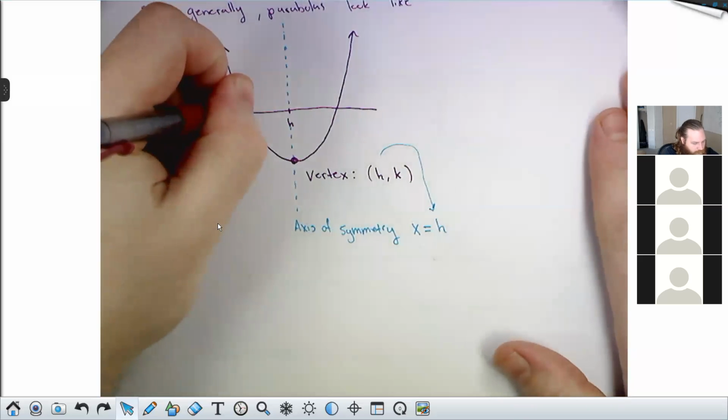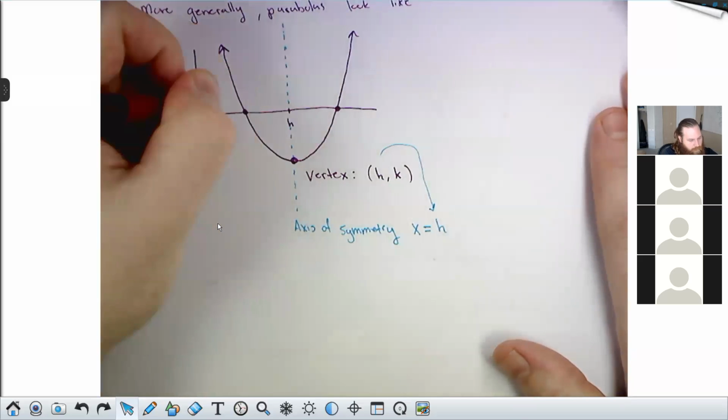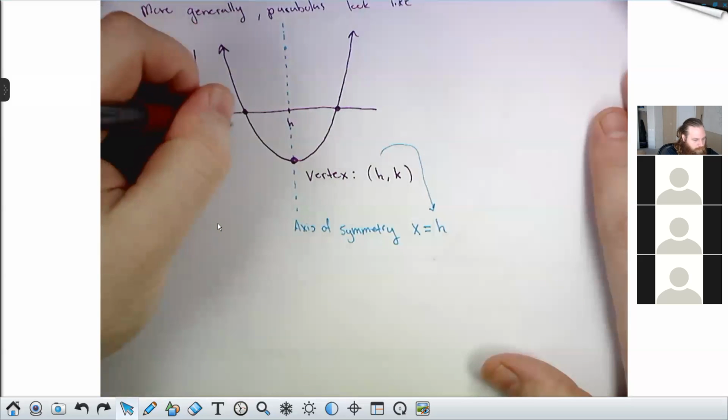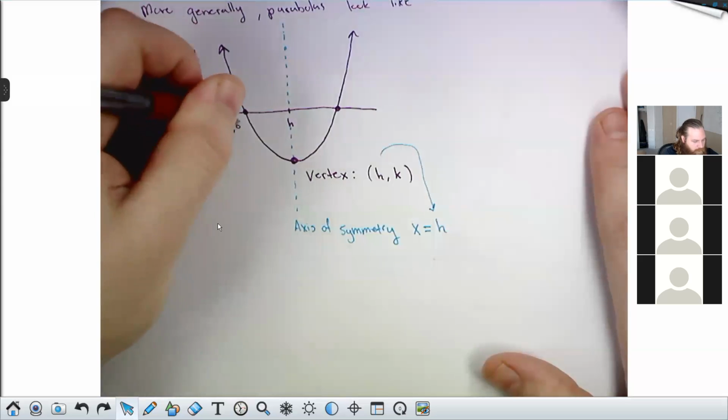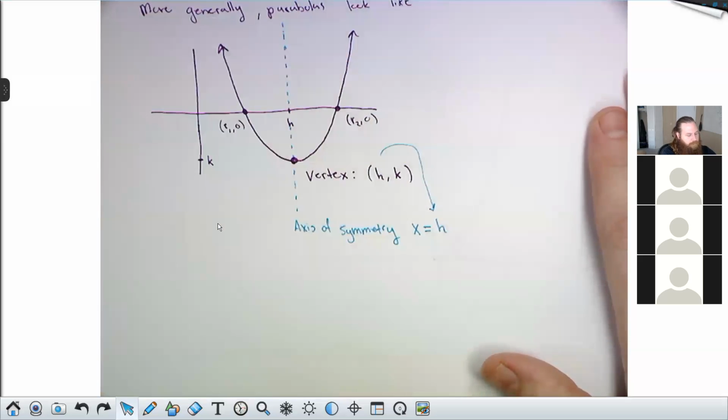Sometimes they have x-intercepts, not always, but sometimes. I'll call this point (r1, 0), and I'll call this point (r2, 0).